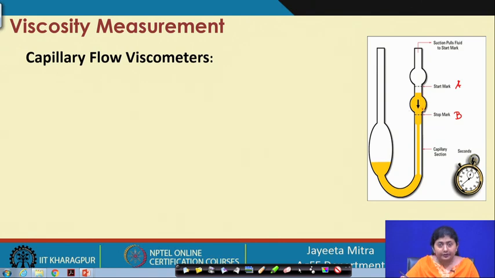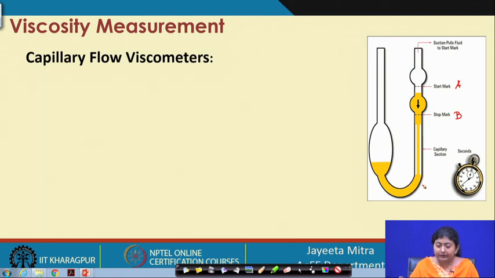To know the volumetric flow rate, we need to know the diameter of this capillary, and the diameter is generally kept very small to cause laminar flow only. That can be determined by calibrating this capillary viscometer with a liquid, generally Newtonian oil, of which the viscosity is known to us.